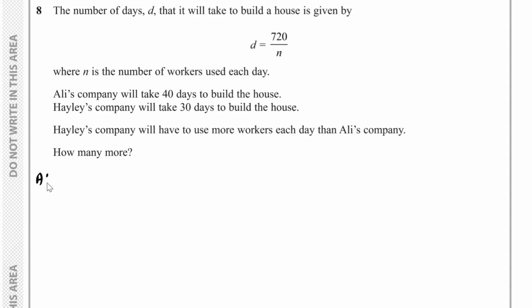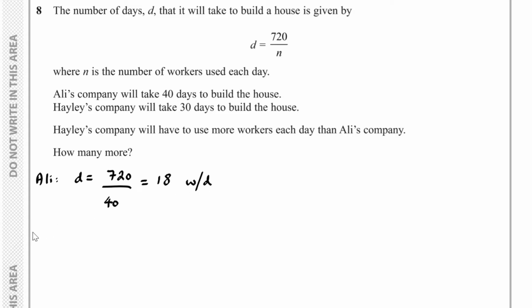So if we consider Ali, d is the number of days it takes to build a house, and n is the number of workers that are used each day. So d is equal to 720 over 40, so this turns out to be 18 workers per day.